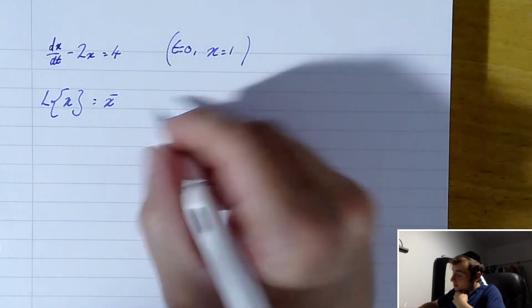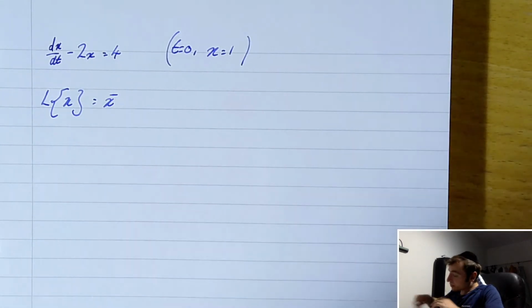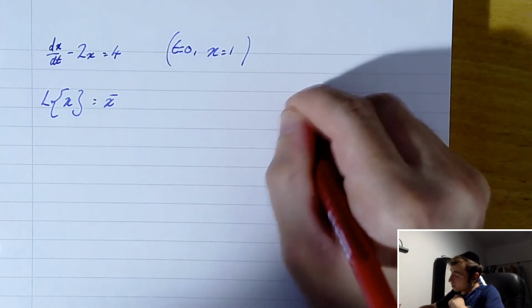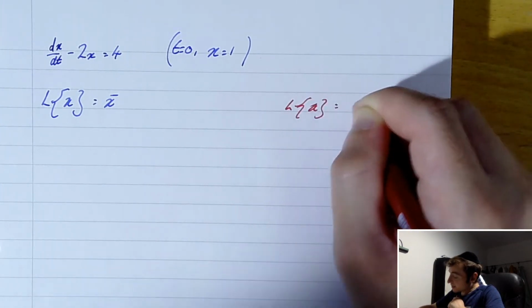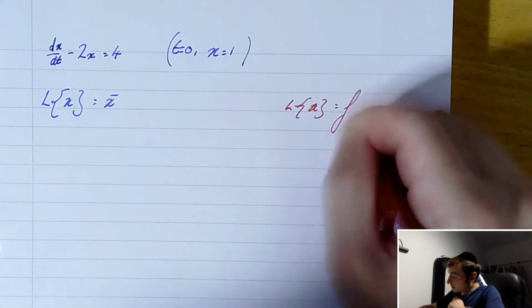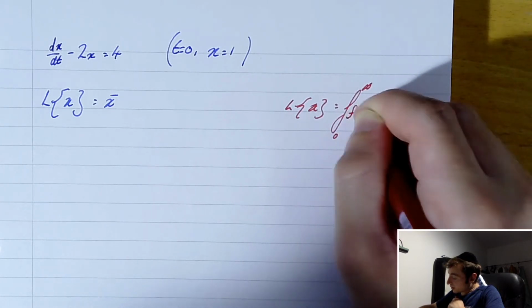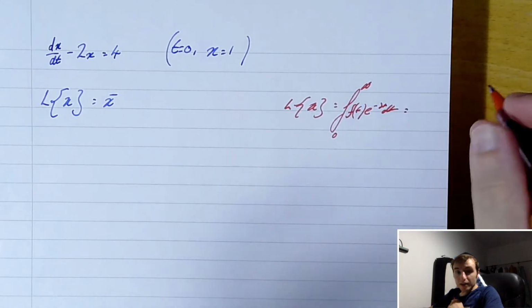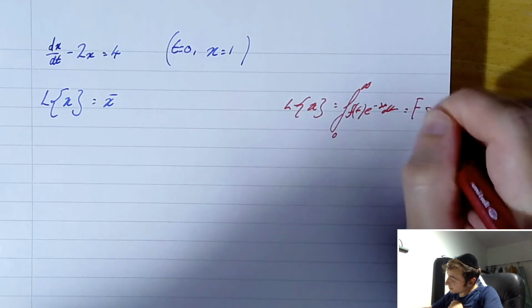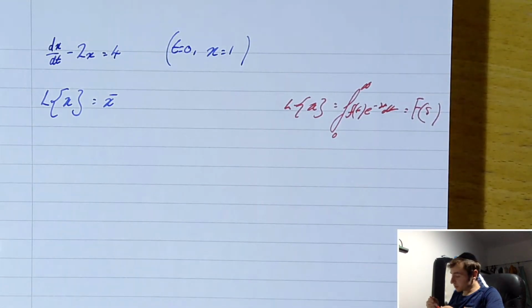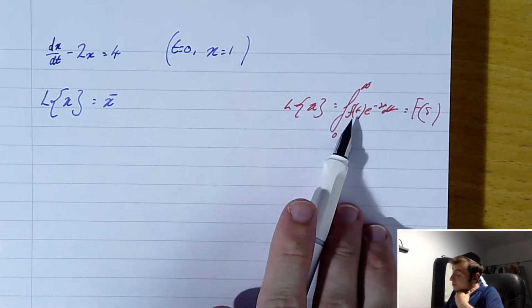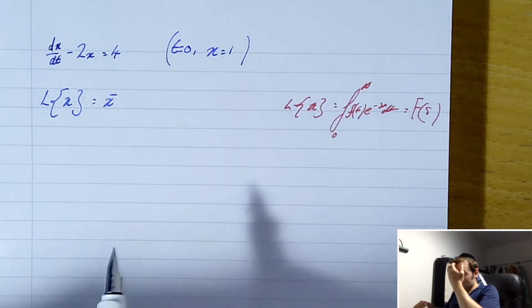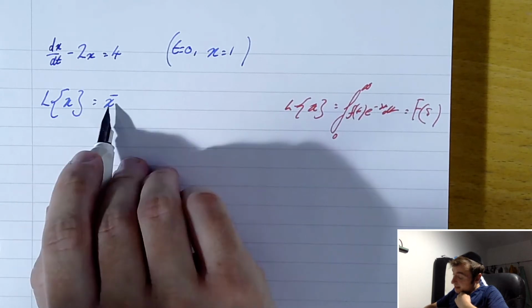Remember, we are using this notation to make the algebra nice and easy, where really the Laplace transform of x is going to equal the semi-infinite integral of f of t e to the minus st dt, which we can abbreviate as f of s. But we're going to abbreviate that just by x bar. And f of t in this case would just be x. So the Laplace transform of x is x bar.